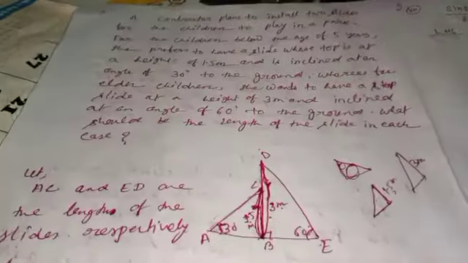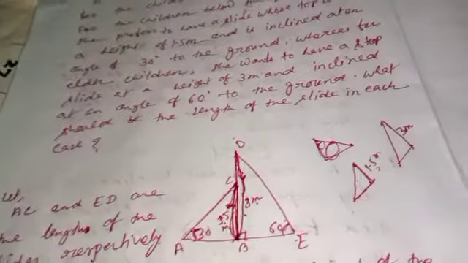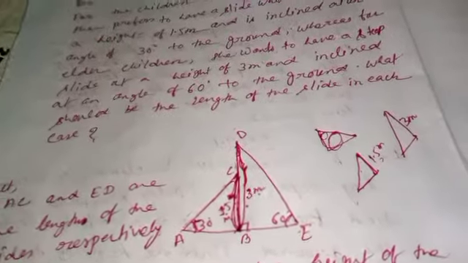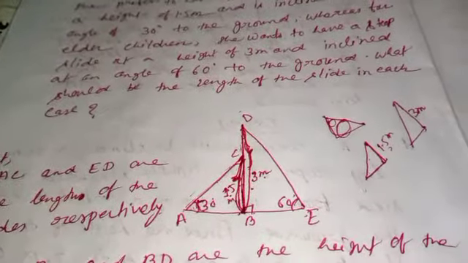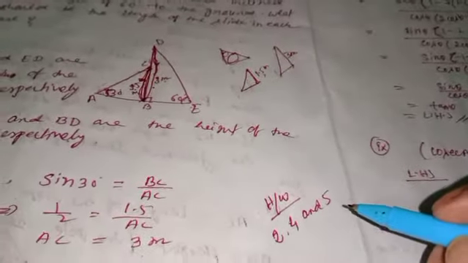Clear? In case any doubt, confusion regarding angle of elevation, angle of depression and these two sums what I have done, please ask me. Okay, so please try to solve this homework, question number 2, 4 and 5. Okay, question number 4 and 5. Thank you.